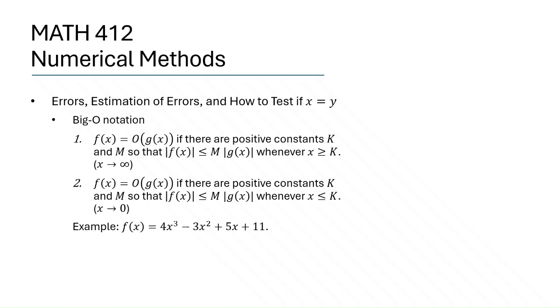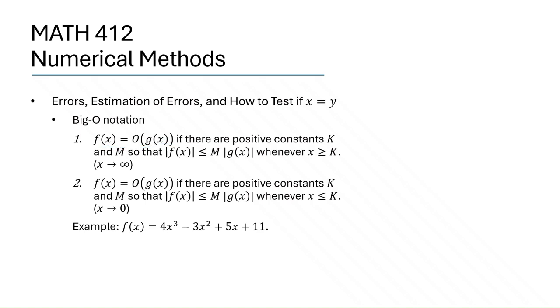We say there are two cases. We say f of x is big O of g of x. For any given two functions, there must be conditions to be met.